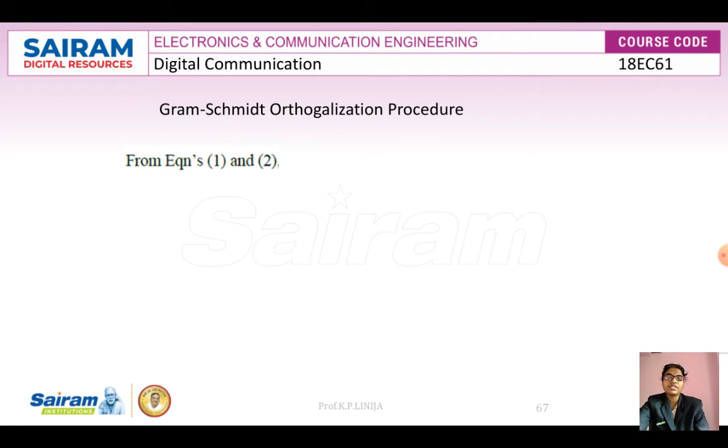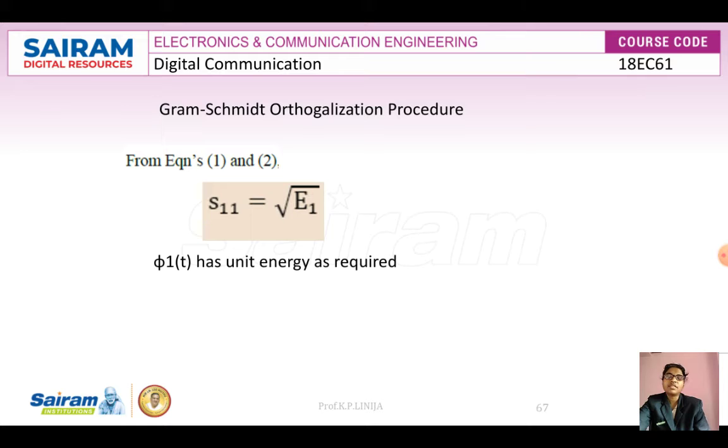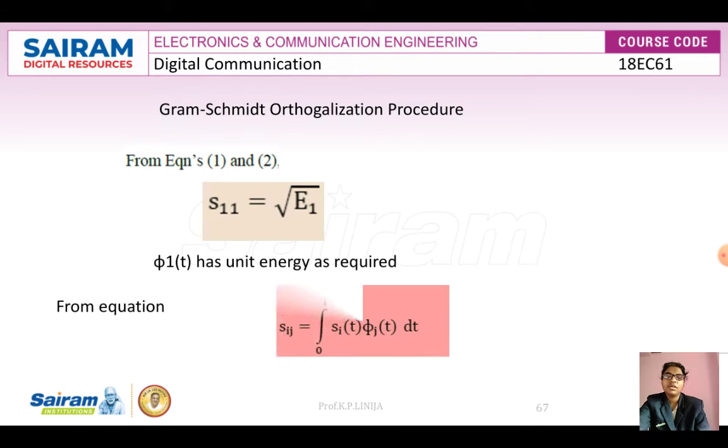Then from equation 1 and equation 2, we get S11 is equal to root of E1. This equation shows that phi 1 of t, the first orthonormal function, has unit energy, as we required. From the above, Sij is equal to integral 0 to T of Si of t into phi j of t dt.